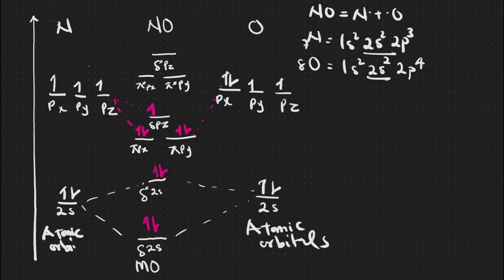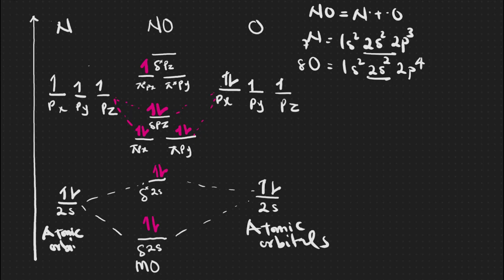Then this one here is going to contribute 1 electron here, right? Remember that this one has made its total contribution of 3 electrons. So this one is left with 1 electron, so it will jump here. So this is the molecular orbital diagram for nitrogen oxide or nitric oxide.